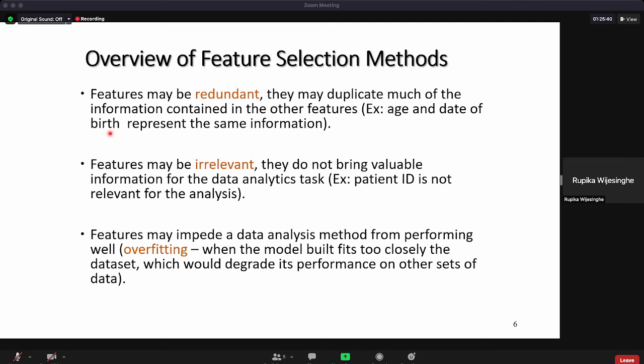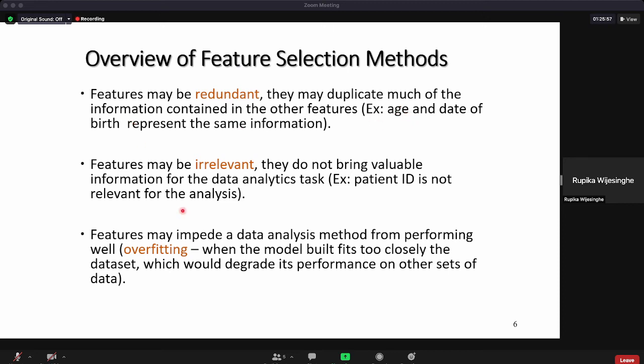In the cBioPortal, if you browse through the data, you will find clinical data also available. There, if you see the age and date of birth, both are there, you don't need both. That is redundancy of data, you can drop one.